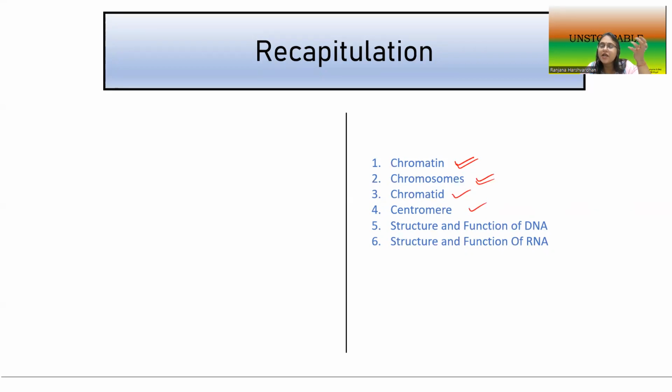So in this particular class, I have tried to explain the slight differences which you see, not just in the spellings of these four words, but also the slight differences between chromatin, chromosomes, and chromatid. It's just half of the chromosome, isn't it? Centromere, the central position.